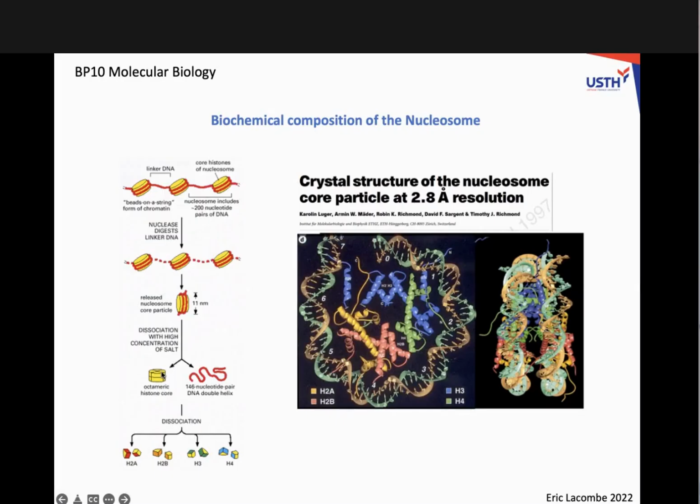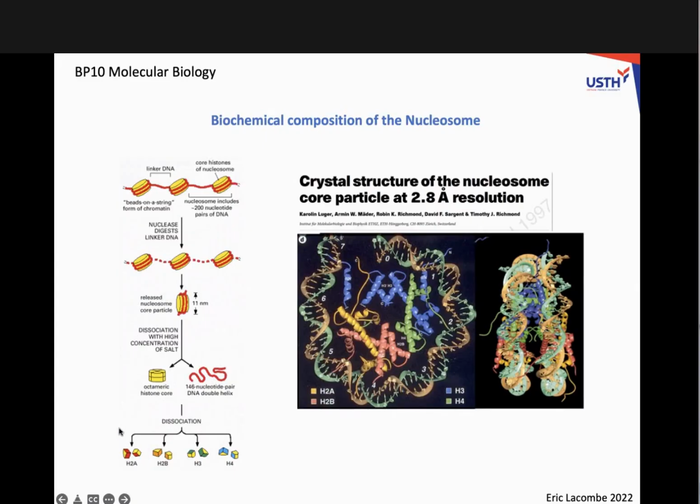And for the protein part of the complex, you can use plenty of different biochemical techniques of separation. The idea was to analyze the composition of monomeric compounds in this histone core.